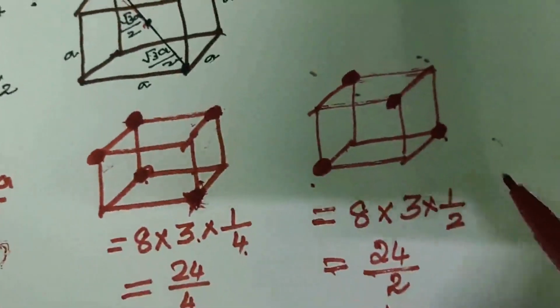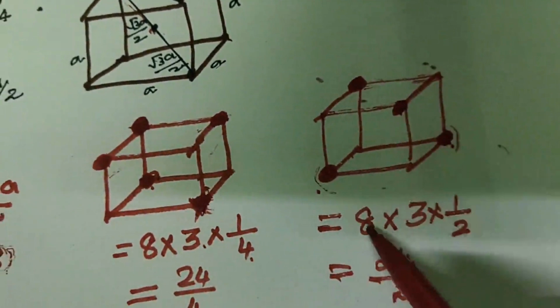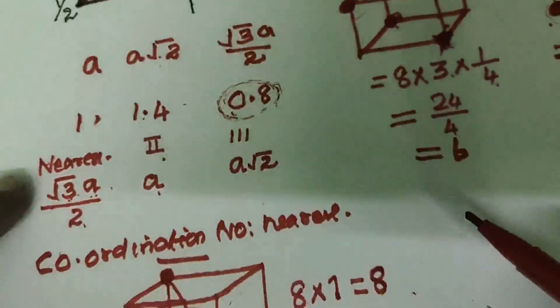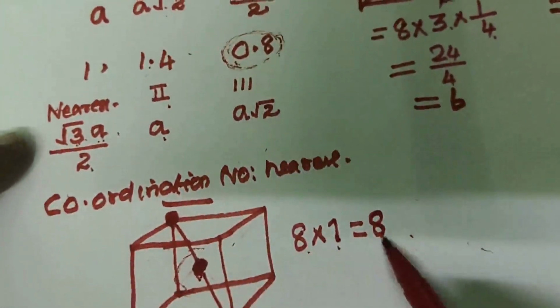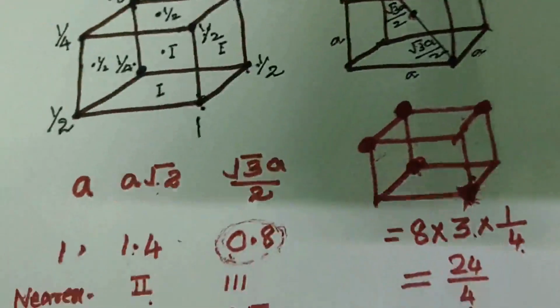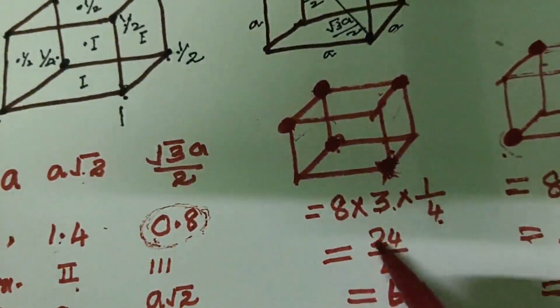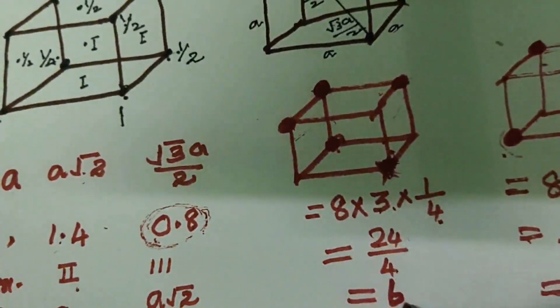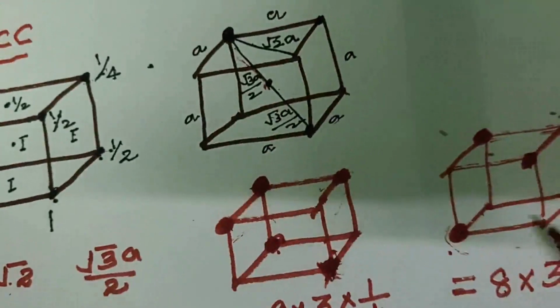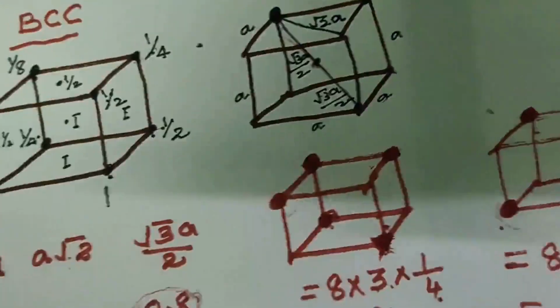Here 8 corner atoms are surrounded by 3, so the contribution is 1 by 4, 24 divided by 4, that is equal to 6. Then here 8 is in contact with 3, its contribution is 1 by 2, that is 24 divided by 2, that is equal to 12.